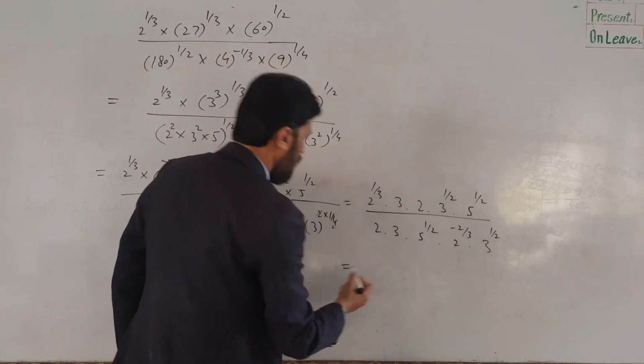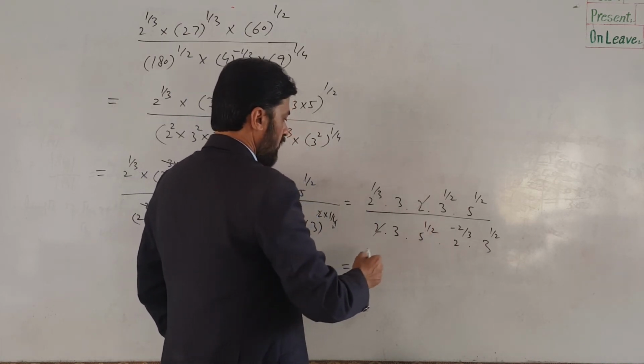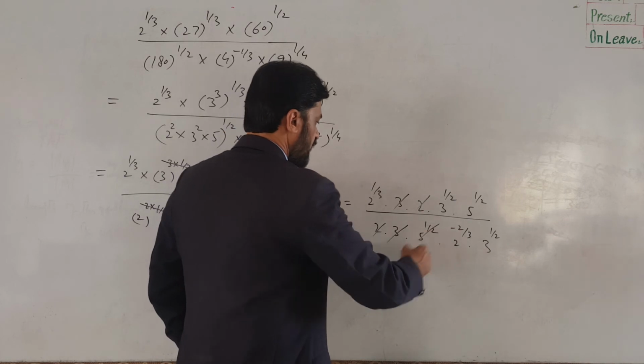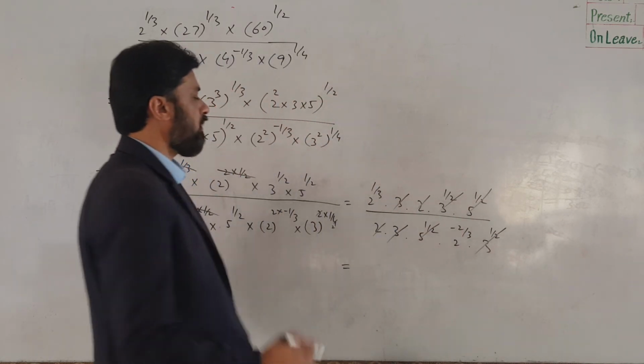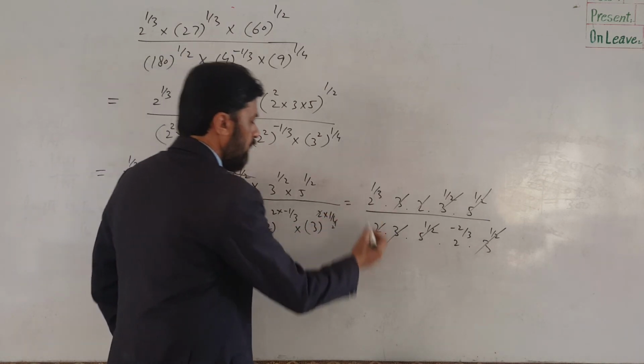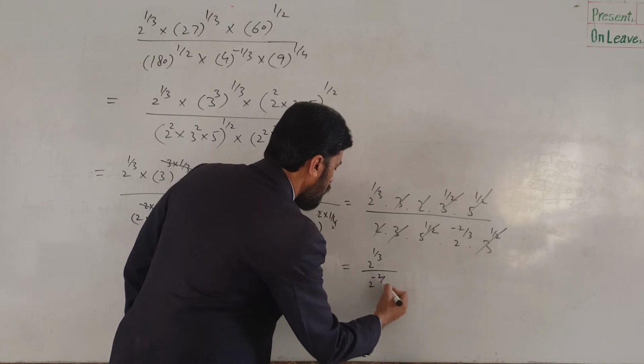Now 2, cancel 3, cancel 5, 1 by 2, 1 by 2, cancel 3, 1 by 2, 3 1 by 2, cancel. The remaining factor is only 2 raised to power 1 by 3 over 2 raised to power minus 2 by 3.